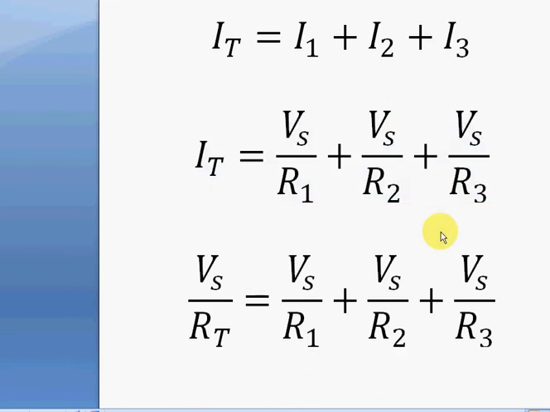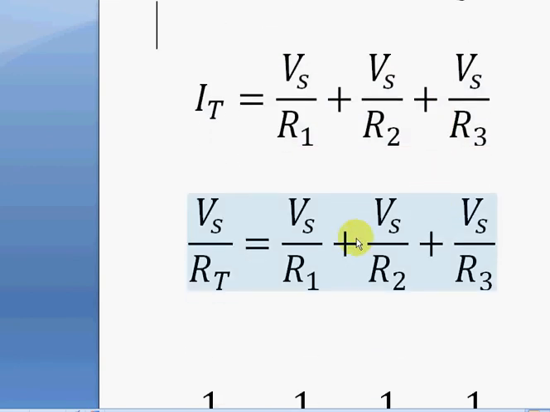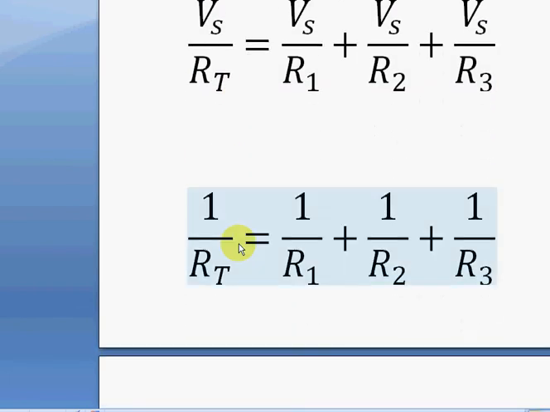Then I'll move down a page and again do a substitution: the total current is going to be equal to the sum of the voltages and the total resistance. If I factor out the total voltage, I get some inverses, so that the inverse of the total resistance is going to be the inverse of the resistance at node 1 plus the inverse resistance at node 2, and then the inverse resistance at node 3.